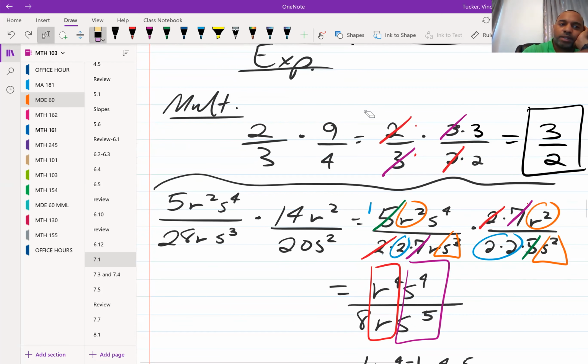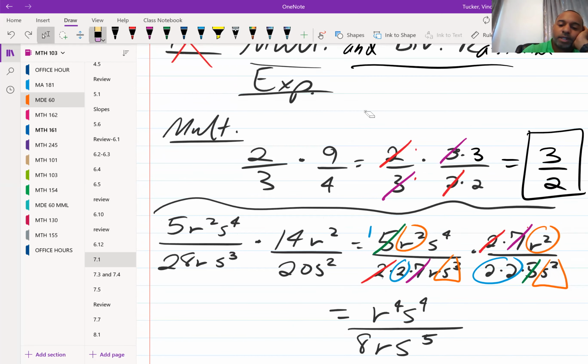That leaves me with r to the fourth, s to the fourth over 8, r, s to the fifth.